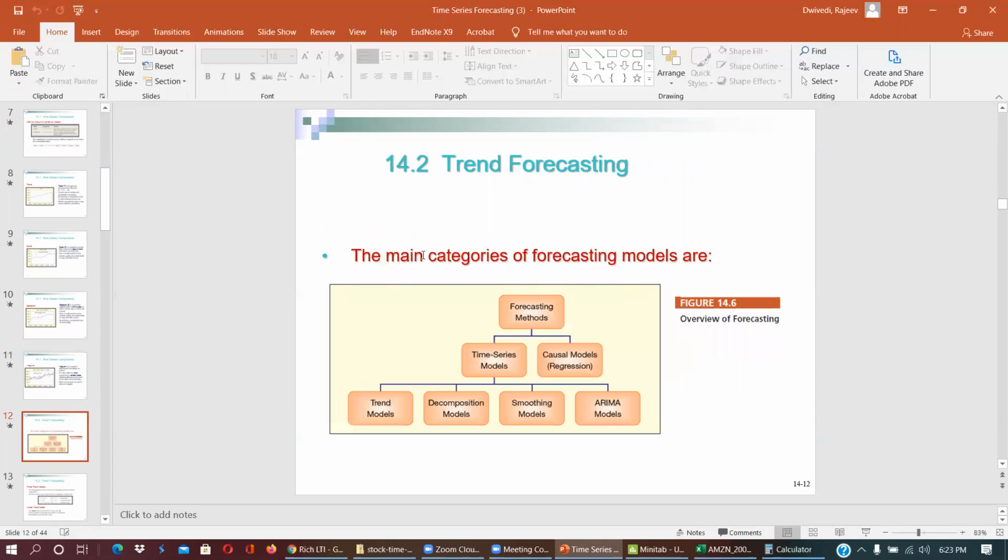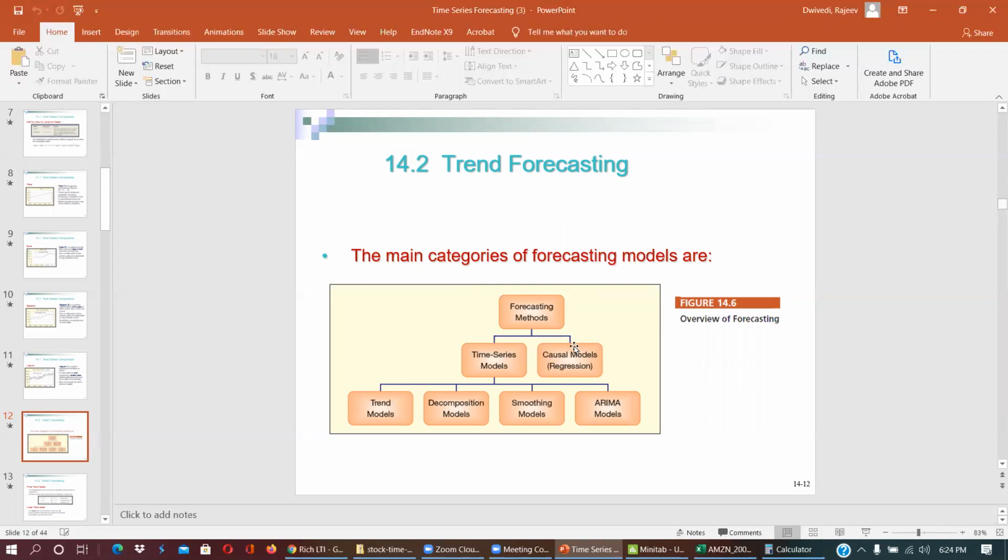So the main categories of forecasting models are time series models and causal models. We have already learned regression analysis in the last week's module. So that is cause and effect. If you are going to predict the dependent and independent variable, dependent is effect and independent is cause. If you have some cause, what would be the impact?